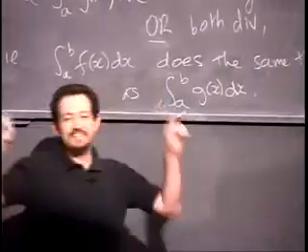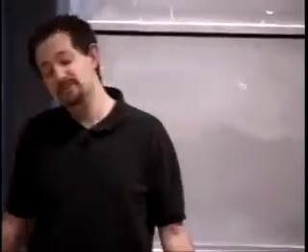And when I say does the same thing, I mean as far as convergence or divergence is concerned. Once again, if they both converge, they don't converge to the same number. It's just a qualitative sort of thing. They both converge to a finite number. You don't know what that is. You just have an answer to your question.